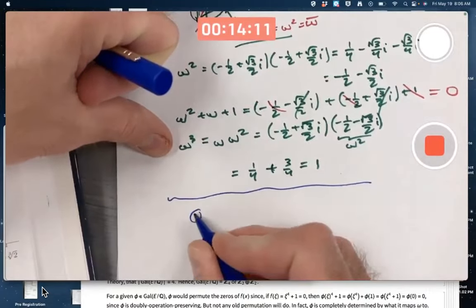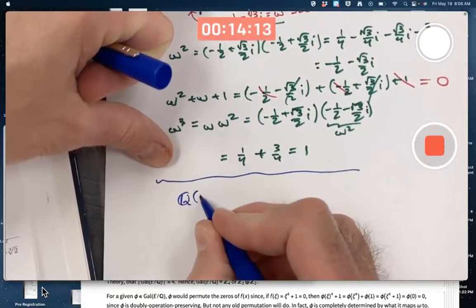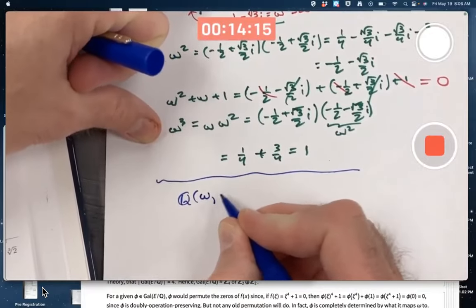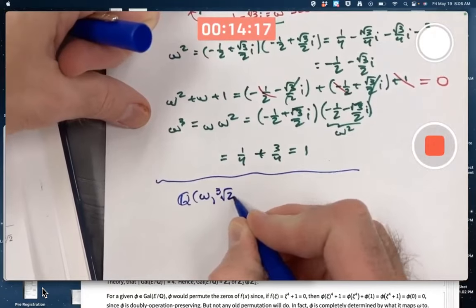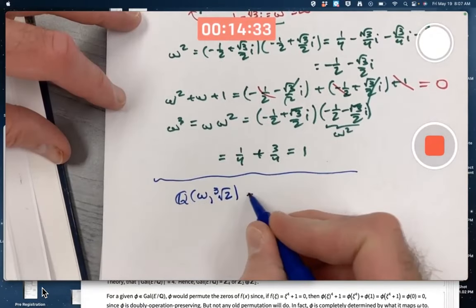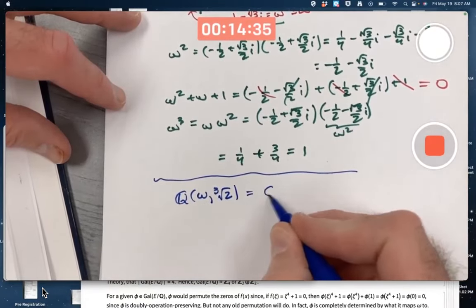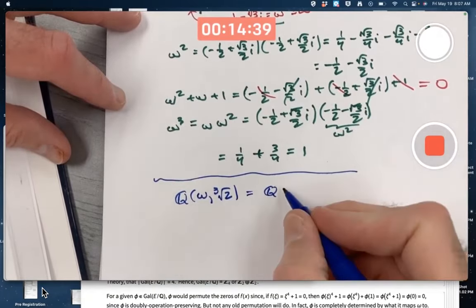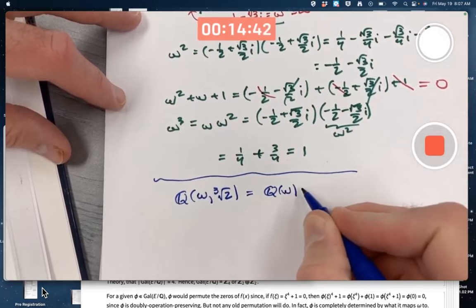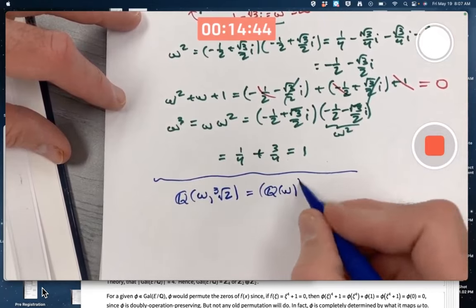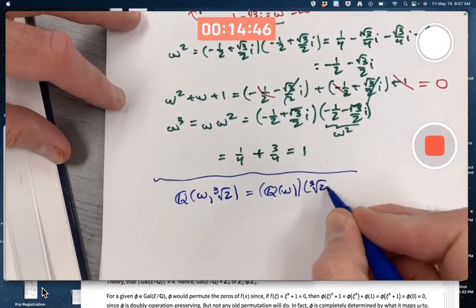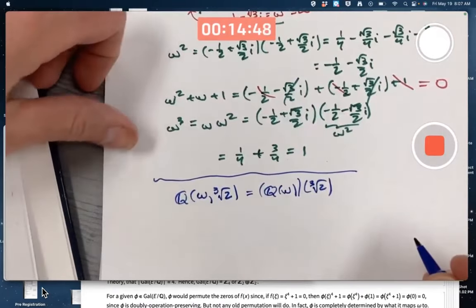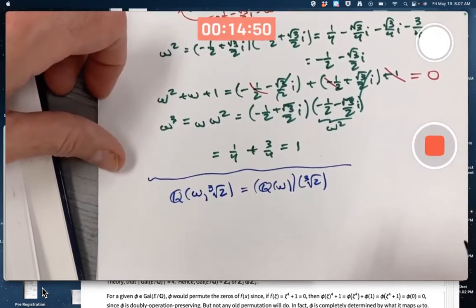So we're after understanding the field extension Q adjoin omega, cube root of 2. Again, let's think about that as first do Q adjoin omega, then adjoin the cube root of 2 to that. I put an extra set of parentheses in there for emphasis. Not that you have to.